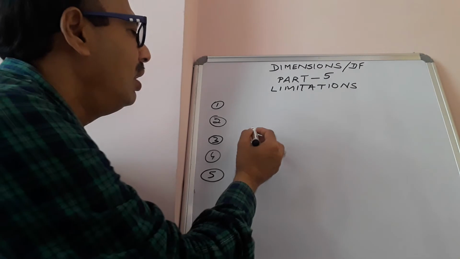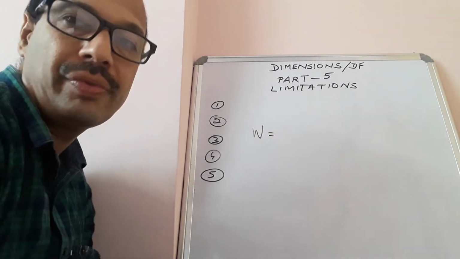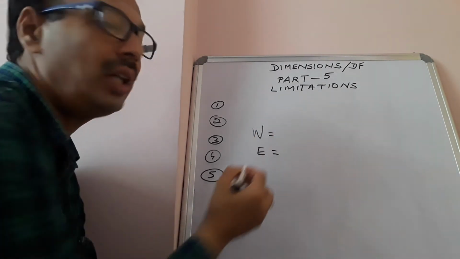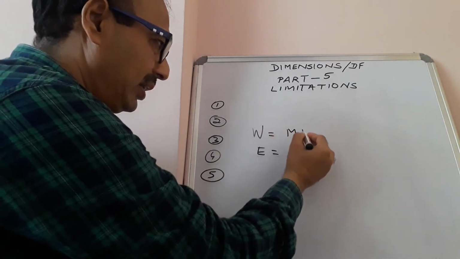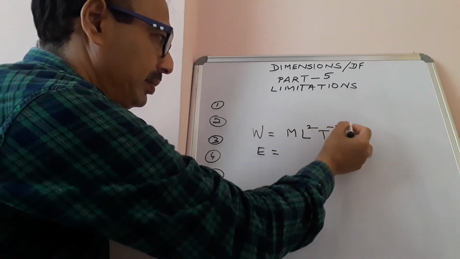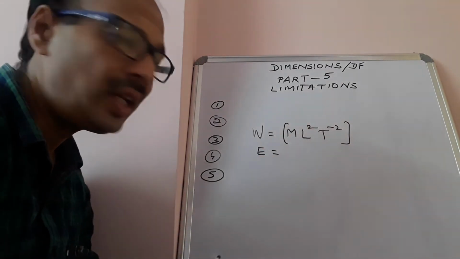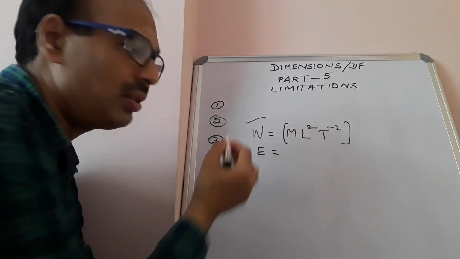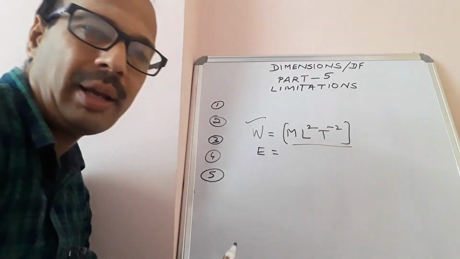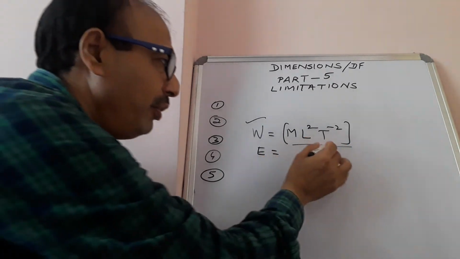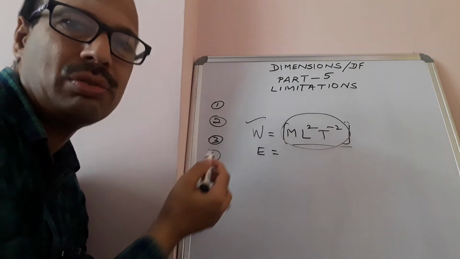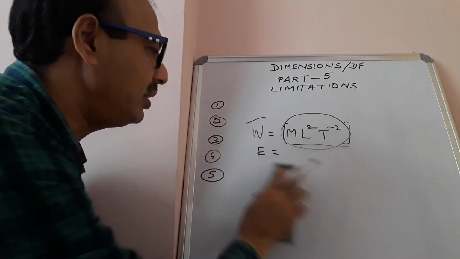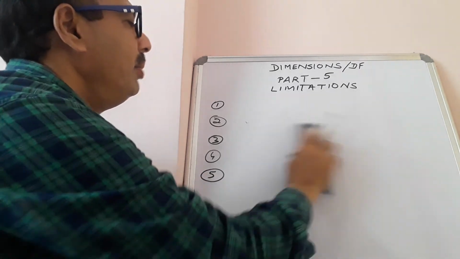For example, work and energy both have the same dimensional formula, that is this. So if you know this quantity, we can find the dimensional formula, but if you know the dimensional formula, we cannot identify the quantity. This is one limitation.